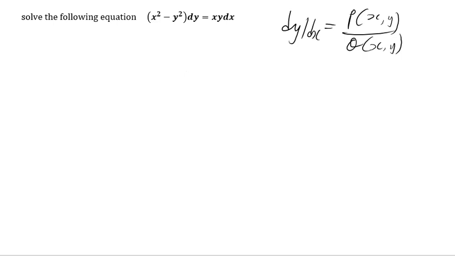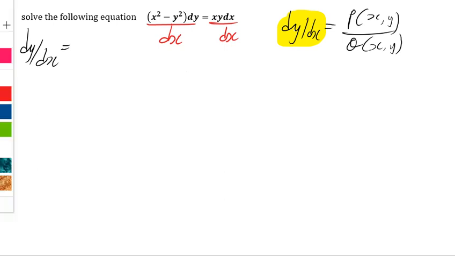So let's write it in this format. You can have dy over dx equals, so here you're going to divide by dx to remove that dx, and then obviously you have to take this value to this side.